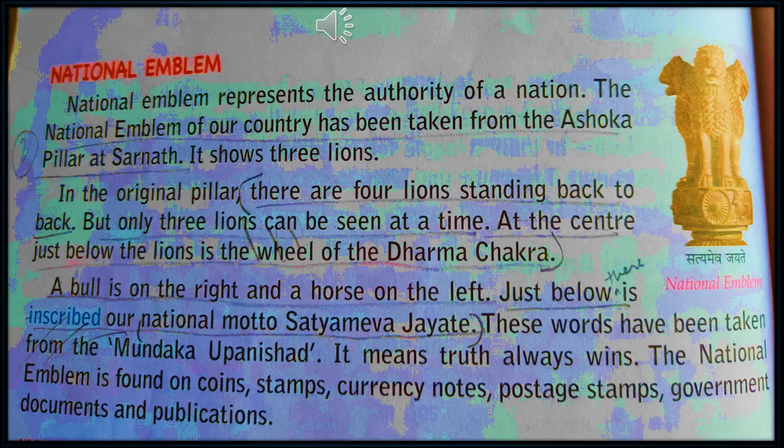The national emblem is found on coins, stamps, currency notes, postage stamps, government documents and publications. How do we know which government a piece of paper belongs to? Suppose we have a 10 rupee note. We recognize it through the national emblem.